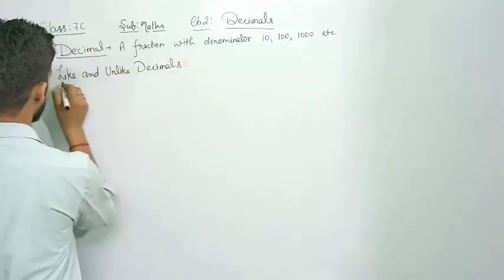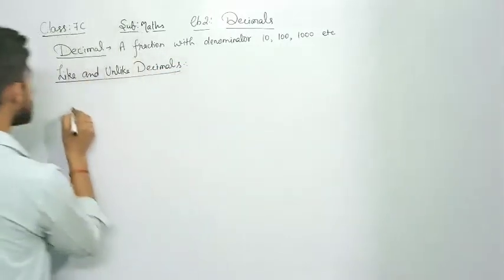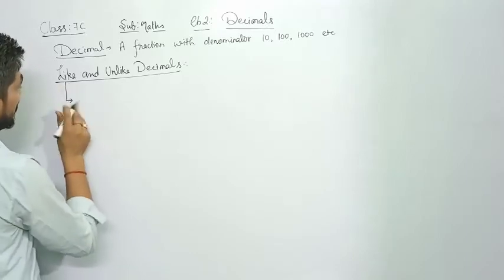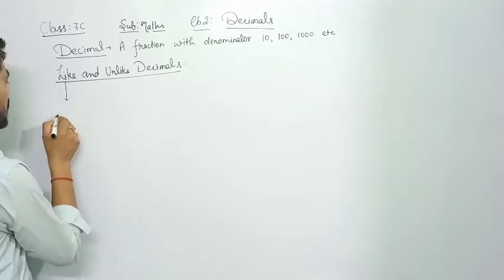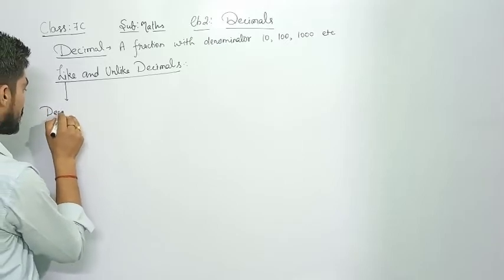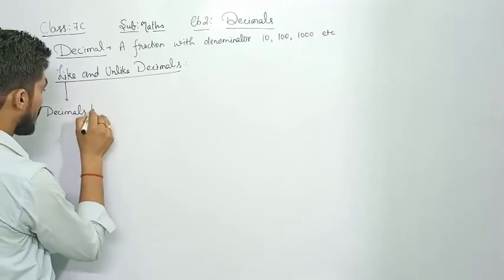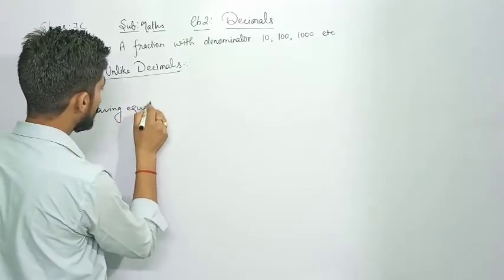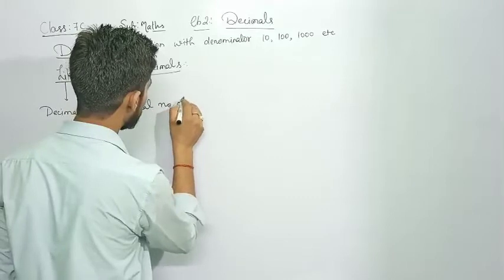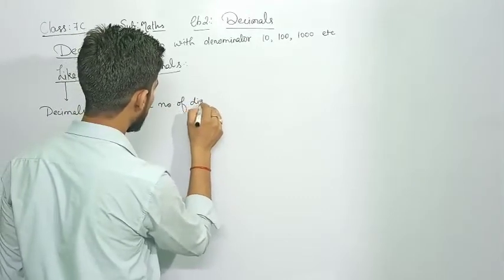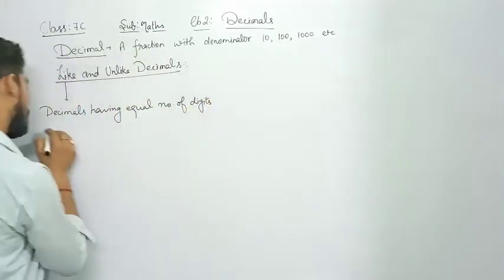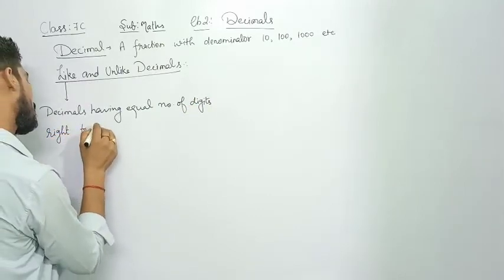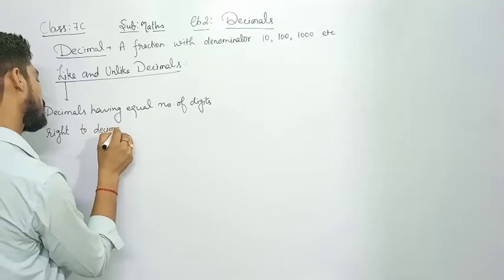See my dear children, like decimals means decimal numbers having an equal number of digits right of the decimal point.